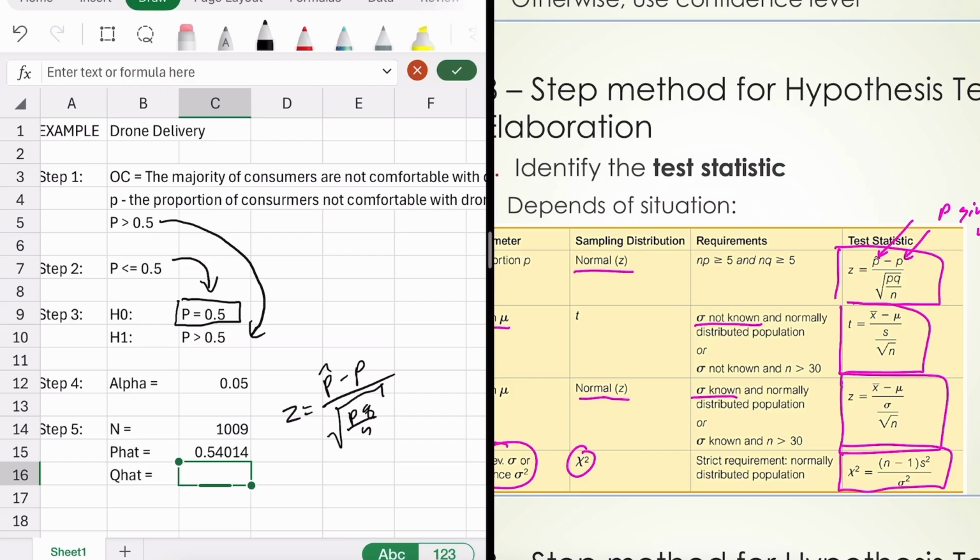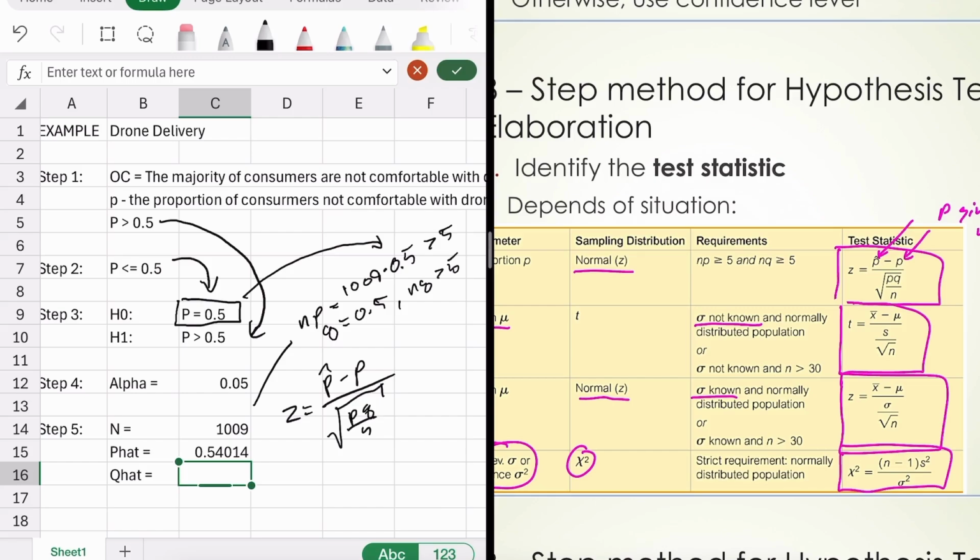So P times N is 504.5, and that's bigger than 5. Let me just write that out. There's my N, and P from the null, and that is bigger than 5. Q also equals 0.5. So N Q is also bigger than 5. We're fine using this. All right, so let's carry on.